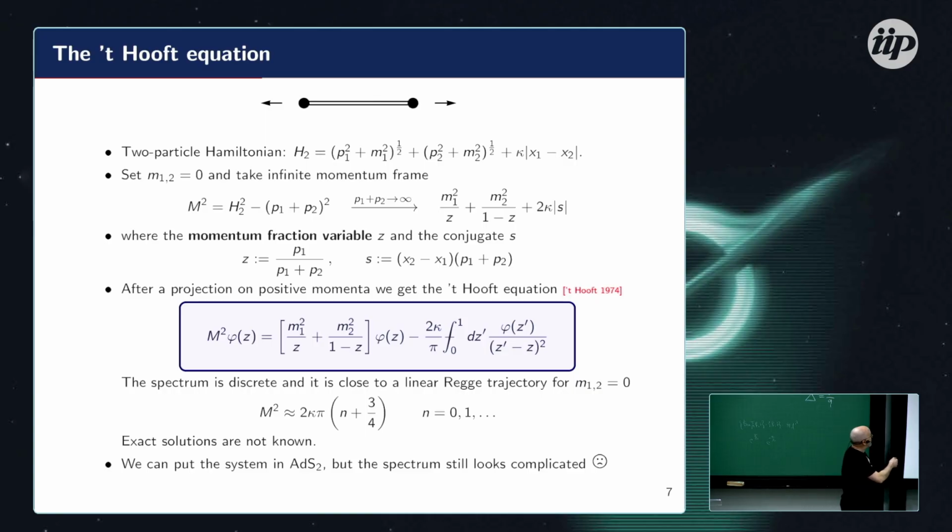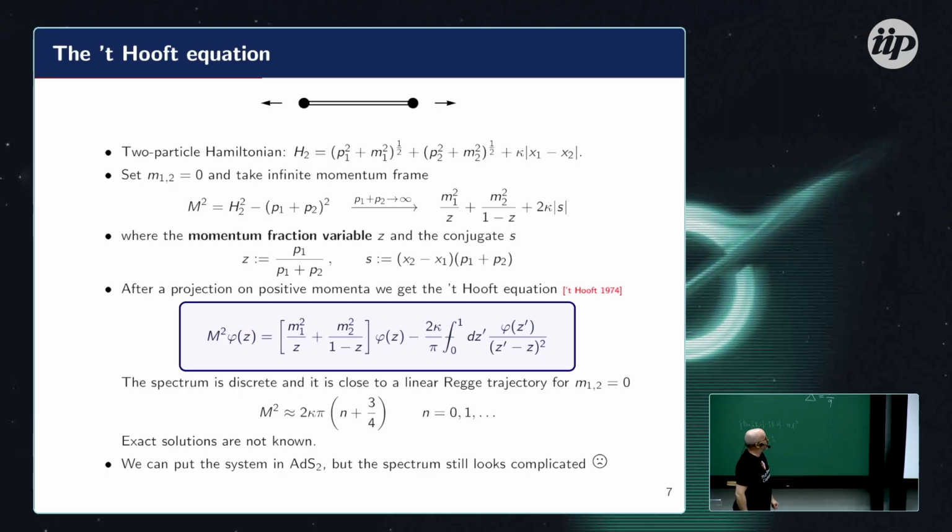And then you can compute the invariant mass by taking the square of this Hamiltonian minus the total momentum squared. And then if you infinitely boost the system, so both particles move with the speed of light towards the exit, then you get this formula for the mass squared.